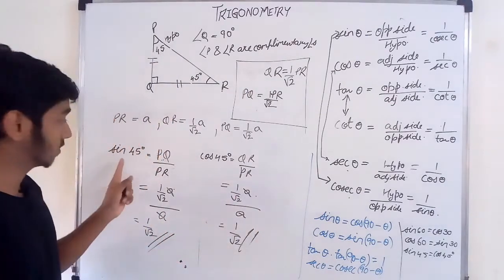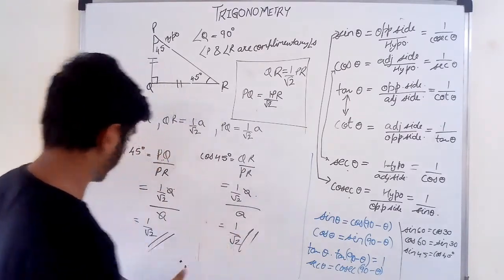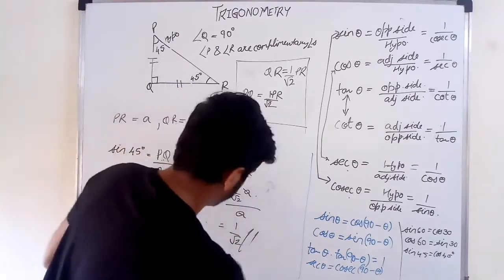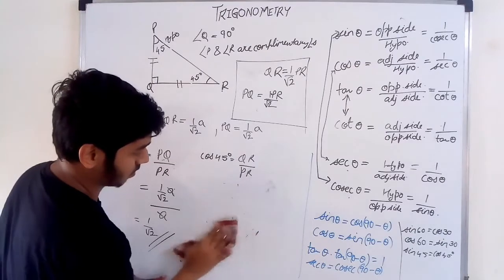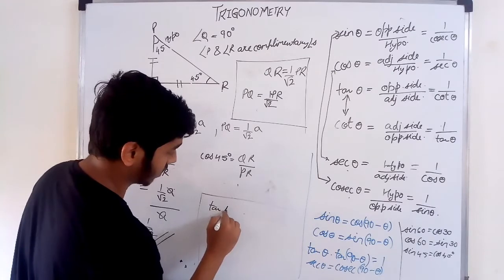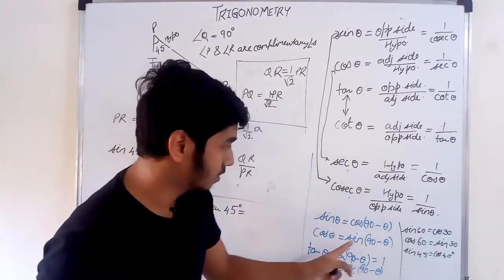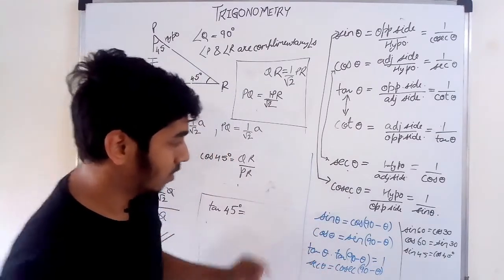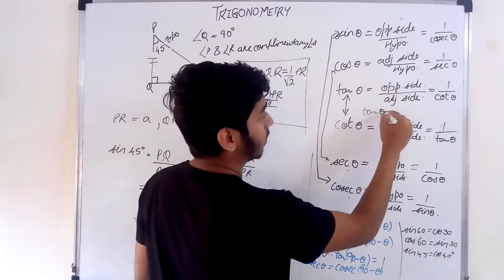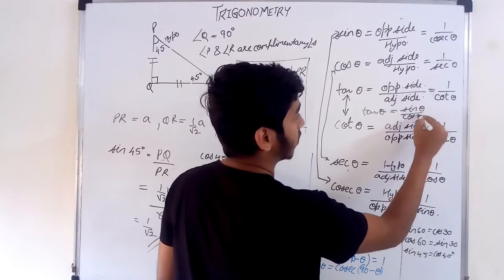Now if sine 45 and cos 45 both we have found, now if you want to find tan 45 degree, you know that tan theta is sine theta upon cos theta.